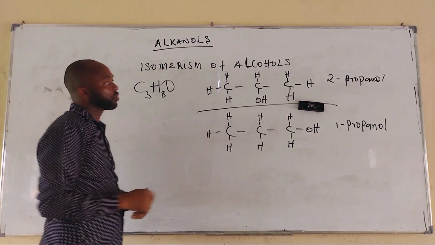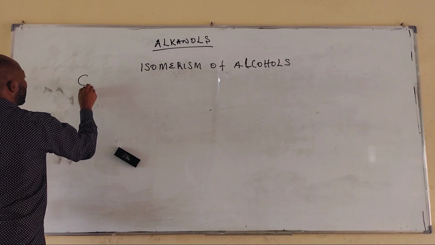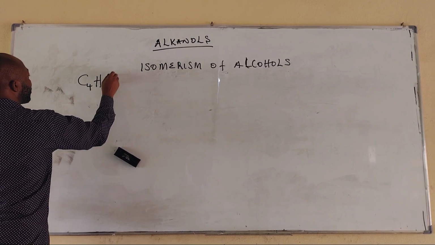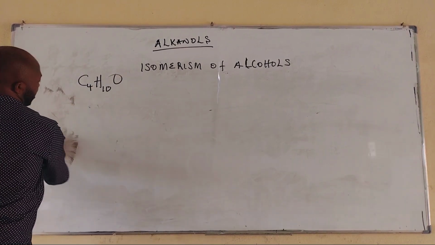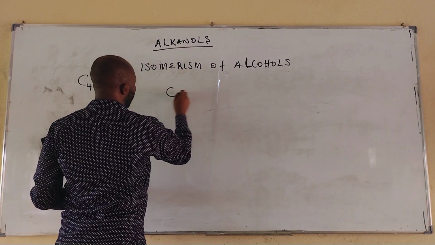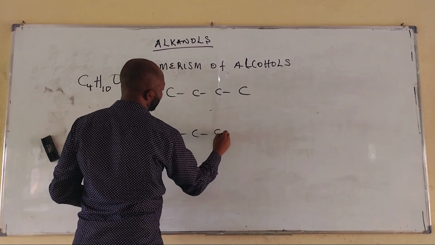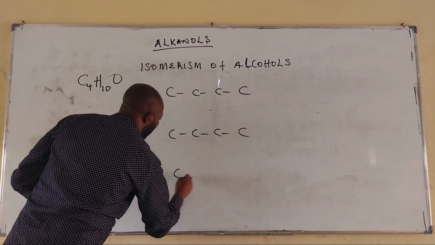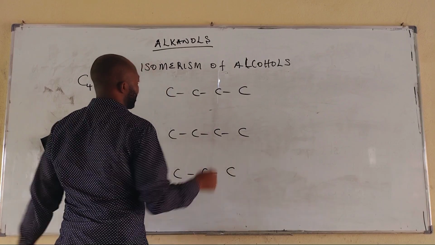We take another example of isomerism, C4H10O. We can have 1, 2, 3, 4 carbons.